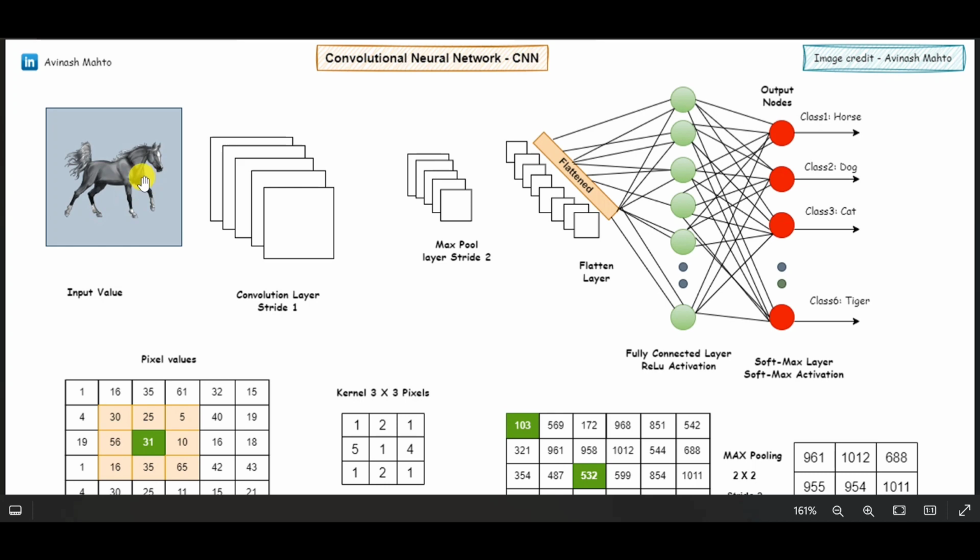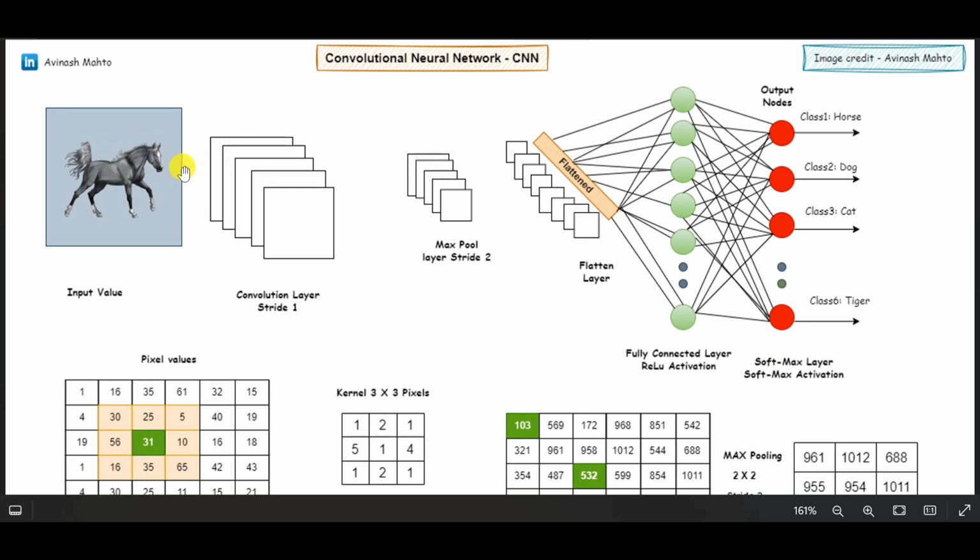Now let's say there is a different input, a dog or tiger or any other animal or object. Then we do the classification, which is another layer applied that classifies between the outputs, whether it's a horse, dog, cat or tiger. So this is how the softmax layer and classification work.